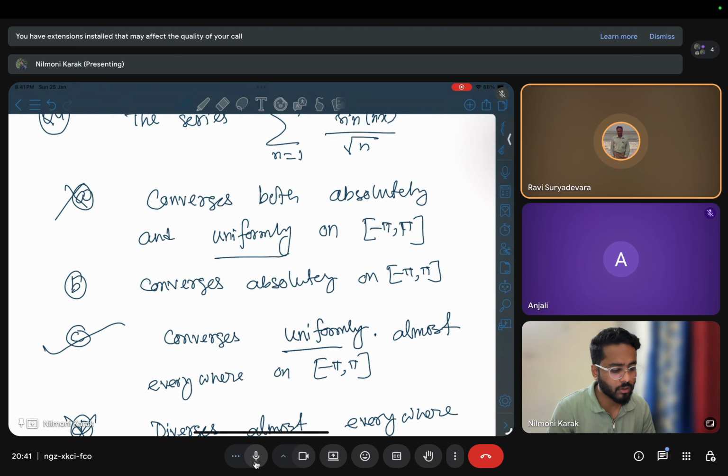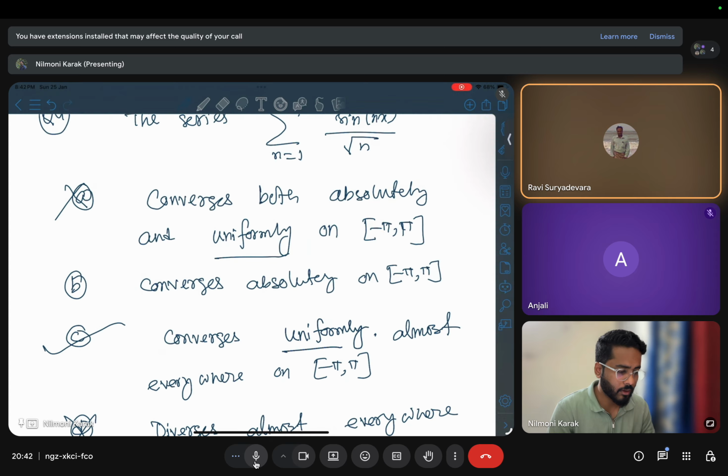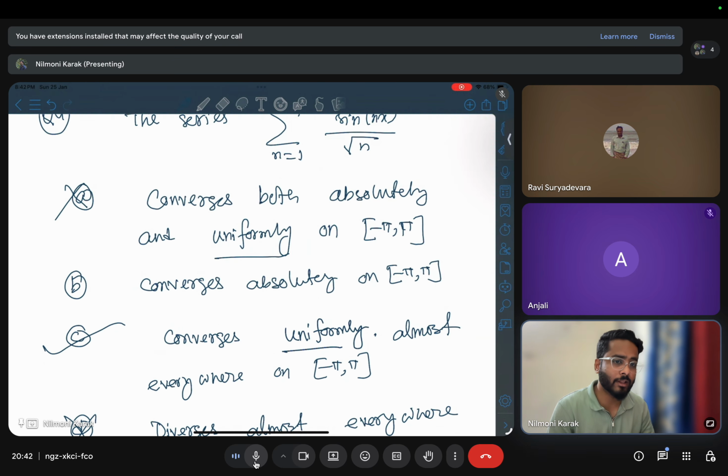In fact, C is true; it converges point-wise everywhere on minus pi to pi. D is false since it converges everywhere. That is the logic given.